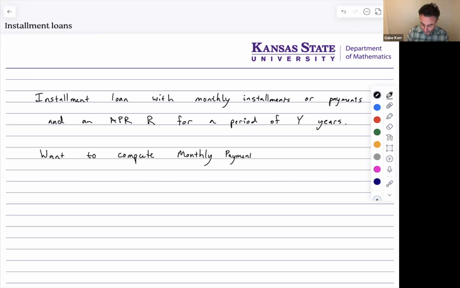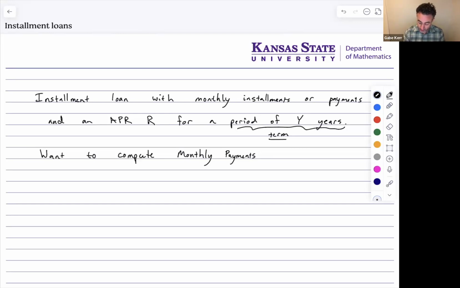Now, this period of Y years is called your term. The term will affect it, the rate will affect it, and of course the initial amount, the principal, will affect it.